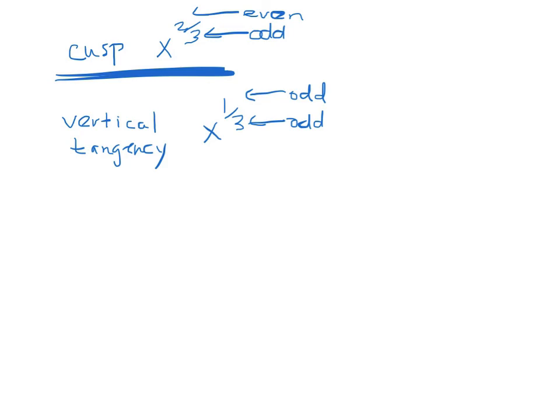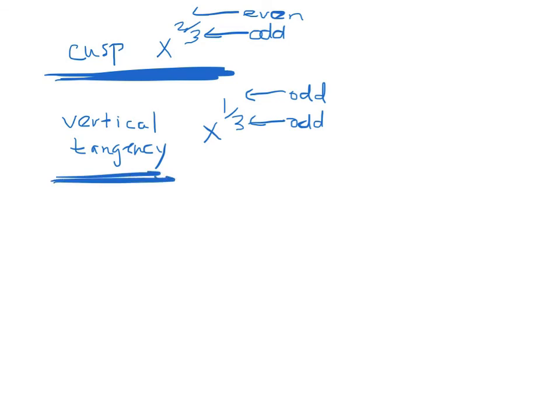Now, some of you are probably asking, what happens when the denominator is even? Well, that's where you end up with usually a square root, and you only end up with part of the function, and usually a corner, a cusp, and a vertical tangency aren't an issue. If you have an even denominator, you chop off the left half of the graph because of imaginary numbers. So you don't even got to worry about an even denominator for cusps and vertical tangency.